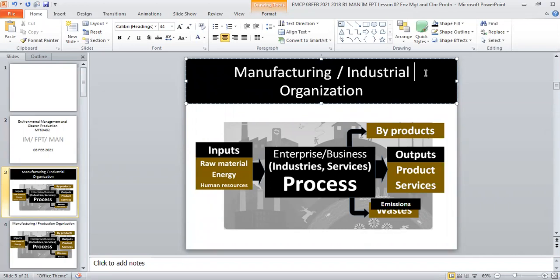You know that in your industrial training, in your record book, the record book given by NAITA, as a standard you are putting the organization chart.